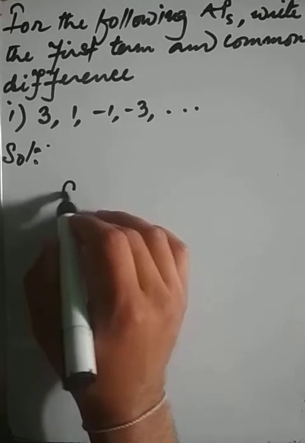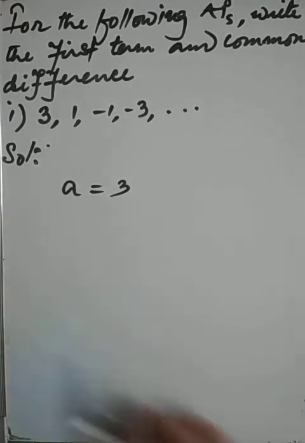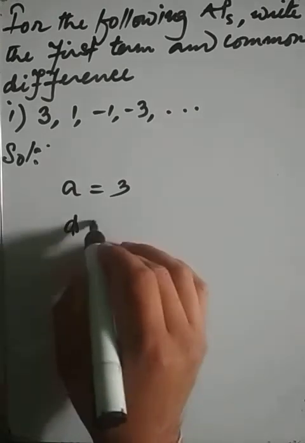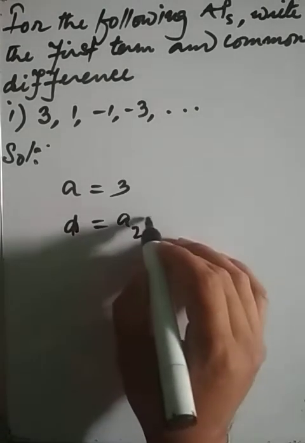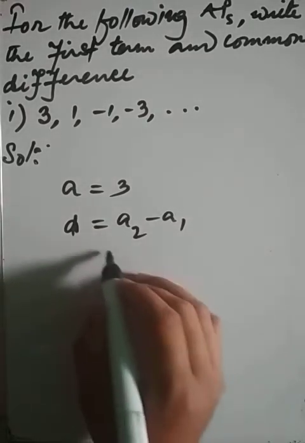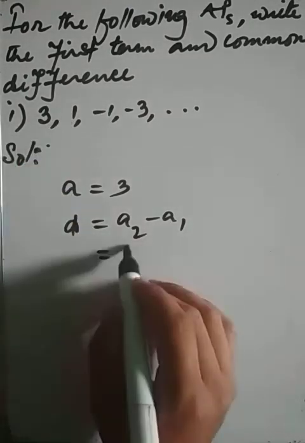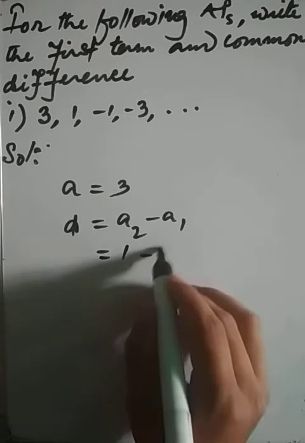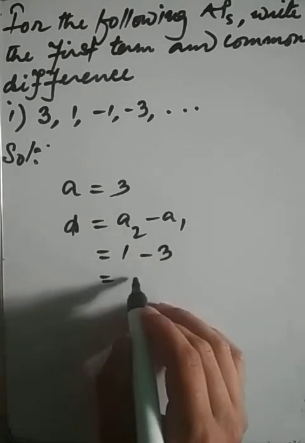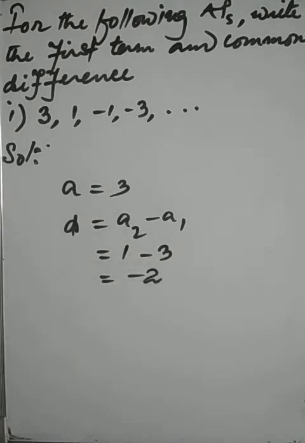First term is how much? 3. Then common difference d. I can write here a2 minus a1. Here a2 is 1. Here a1 is 3. So we will be getting here minus 2.